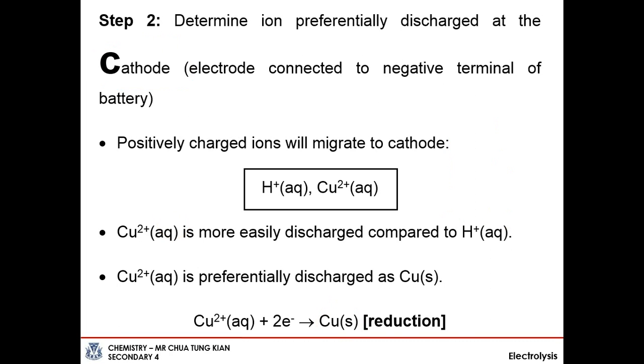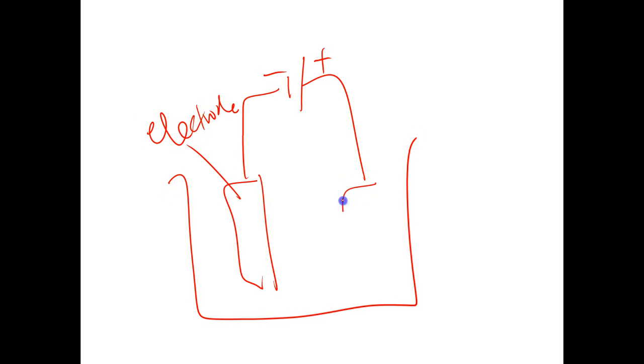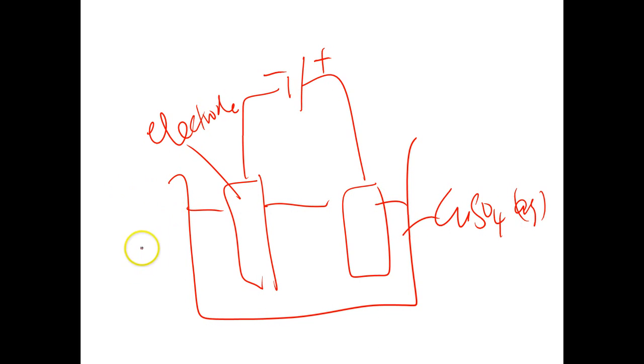So back to this question. Cu2+ is preferentially discharged as copper versus H+. So what actually happens here? Imagine this. You have your electrode, negative terminal, positive terminal. This is the electrode. And you have your solution. The solution contains CuSO4 (aq). So we know that Cu2+ is preferentially discharged as copper metal here.